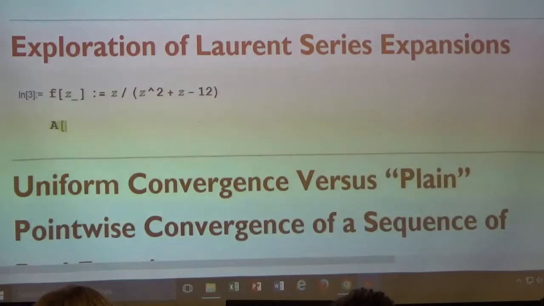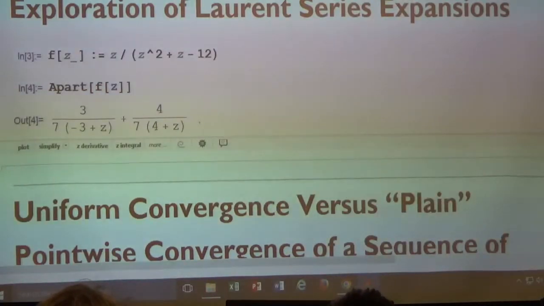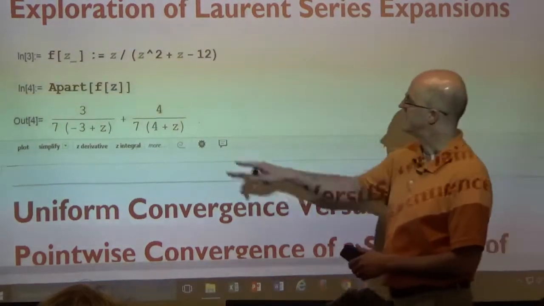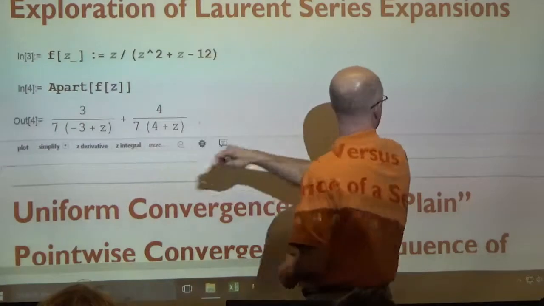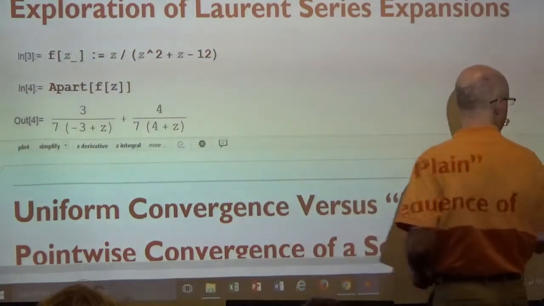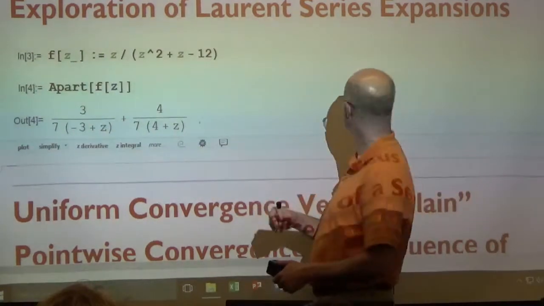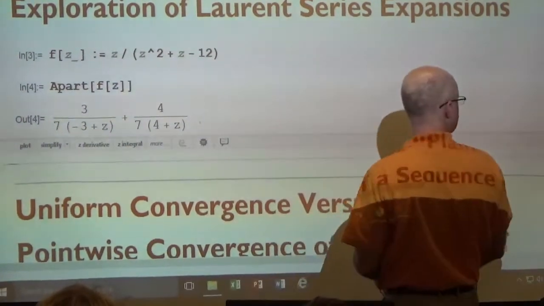If I use apart f of z here, that will break it into partial fractions. And we can see the a is 4/7. That's the constant above the z plus 4, and we did get 4/7. And the b, we got to be 3/7, just like we see here. Okay, so it looks like I did it right.